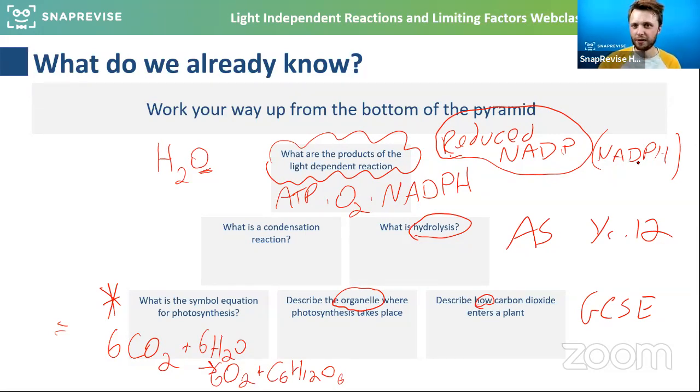However, you don't want to have a horrible examiner who's just being harsh for no reason. So I'd get in the habit of saying reduced NADP, but that does mean NADPH. For AQA, I've only seen AQA examiners doing that. That is probably because I've worked more with them than anyone else, but yes, all of this is going to cover all the exam boards as well, Diana, just so you know.